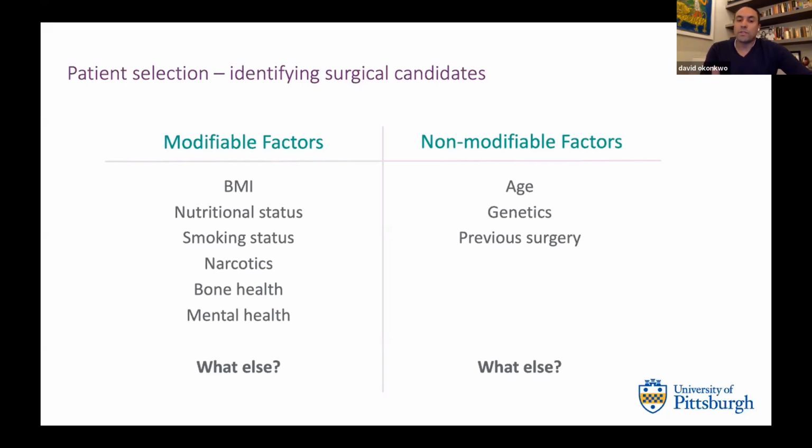So it was a retrospective look at a prospectively collected set of data. And once that pattern became crystal clear to us, we switched to, if we identify someone with a prealbumin less than 20 during the preoperative evaluation, we actually stop this. We postpone the surgery and address the nutrition up front.